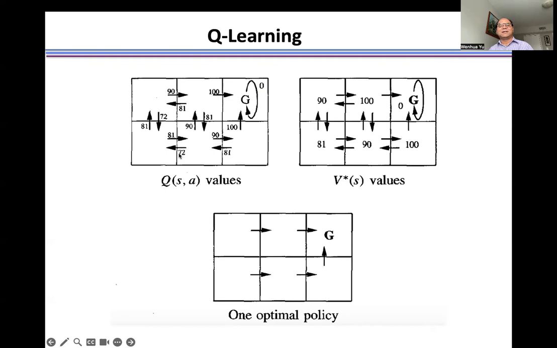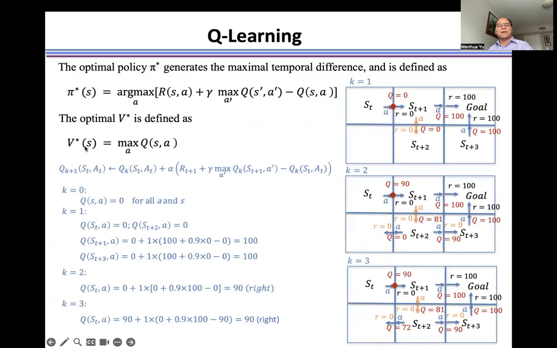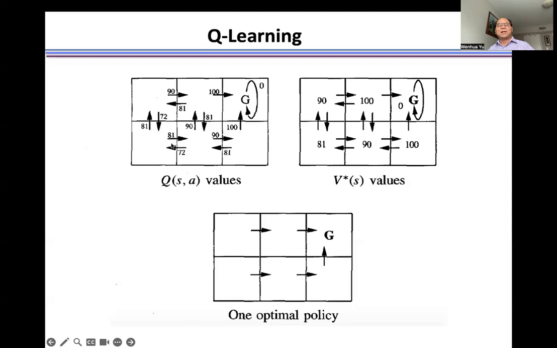Left, 72. Up, 90. So from the formula, we can calculate this optimal state value function: we get 90, because this is the maximum 90, this is 100, this is 90, and this maximum is 81. This is 100, this is 100. So we got this optimal state value function distribution.